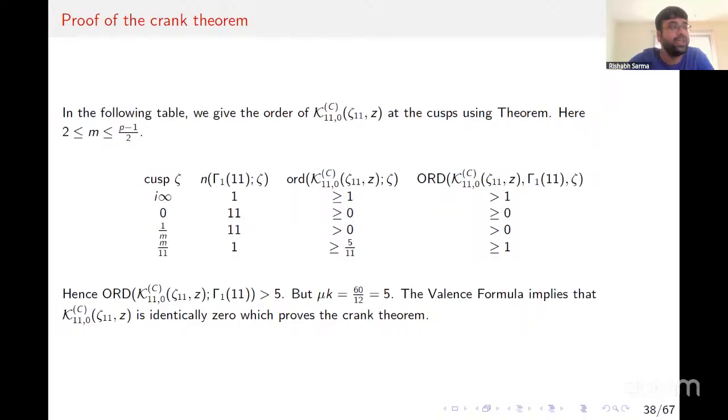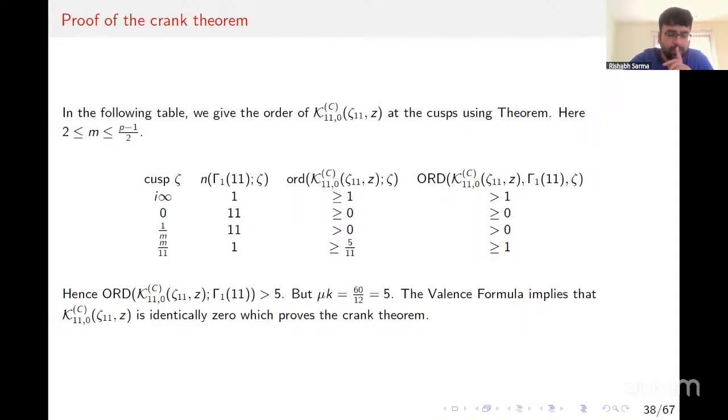So using that, we can find the lower bounds of that particular dissection element at the cusps of the congruence subgroup, and adding them, we find that the order of that element with respect to gamma 1 of 11 is bigger than 5. But mu, the index of that congruence subgroup gamma 1 of 11 in SL2(Z), is only 5. K is 1.